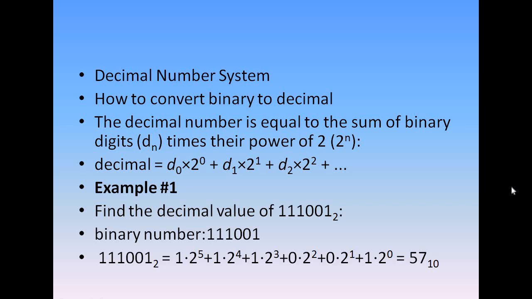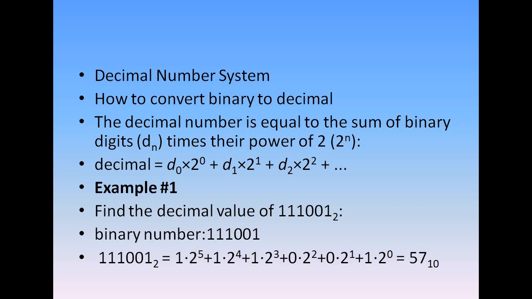Suppose we need to convert a binary number system to decimal. Then see example 1. You have the number 111001 to the base 2. It means that this is a binary number.